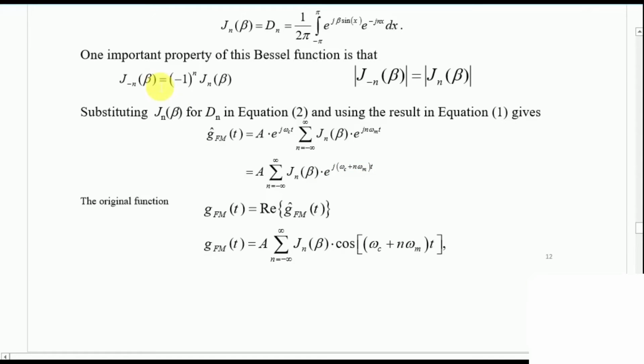All of this was specifically for g hat fm of t, but if you take the real value, we will get back the original g fm of t. If you take the real value of this, this function can be expressed in terms of cos theta plus j sine theta, but if you take the real value only, we would be left with the cos function, right?